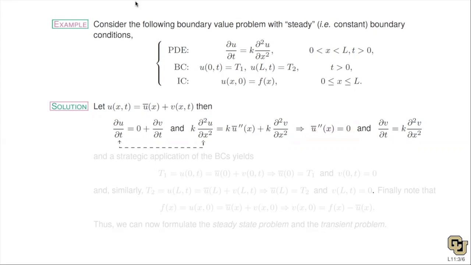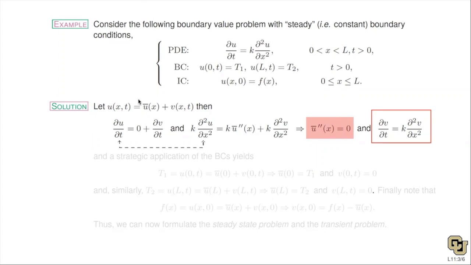So now we've got the PDE for little v. I've got the ODE for the steady state. And now, I need boundary conditions for the ODE. I need boundary conditions for the PDE and initial condition for the PDE. Again, the math part is not difficult.